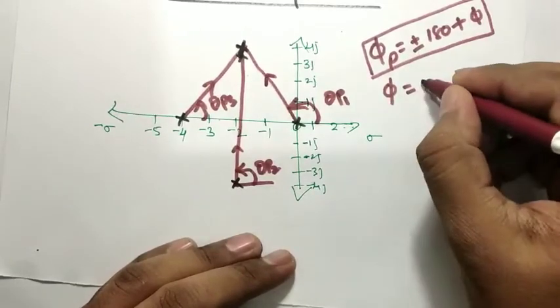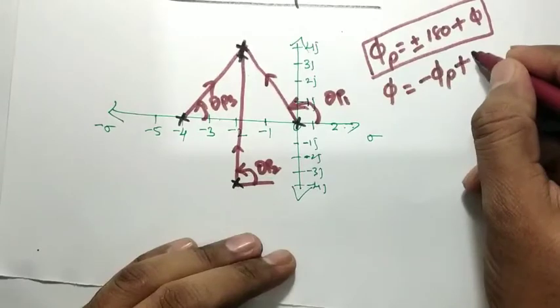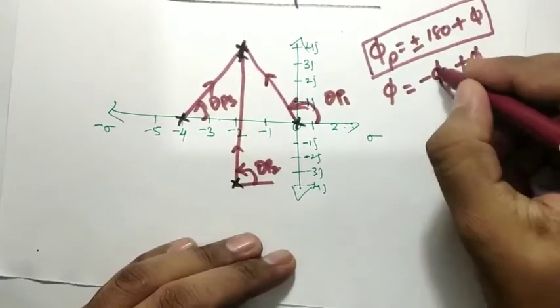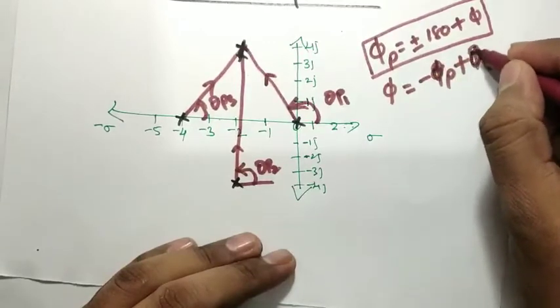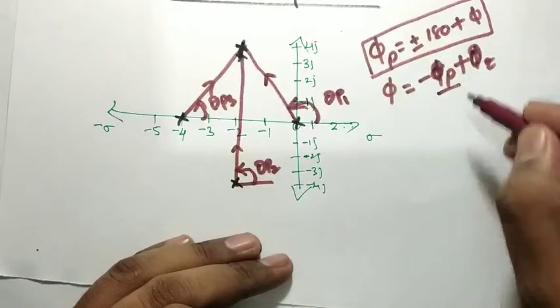So minus the sum of theta p plus the sum of theta z, right? So what is the theta p here?